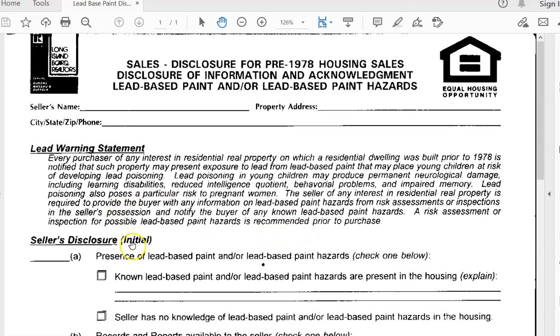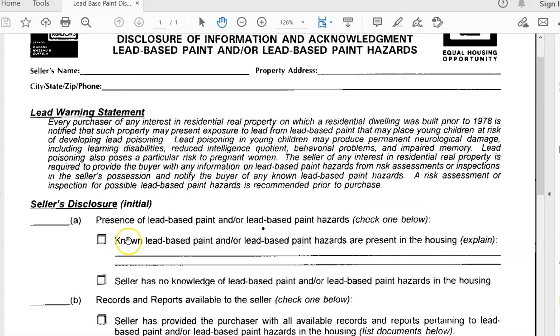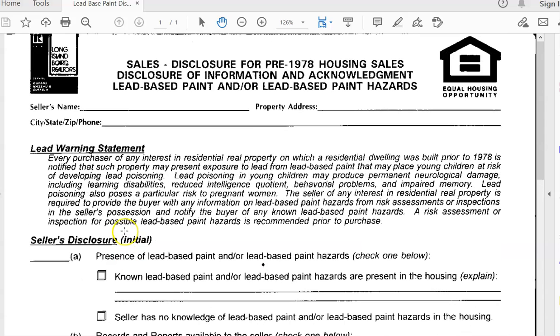The disclosure also gives the buyer an opportunity to do a lead-based paint inspection. I invite everyone to take a moment and read the form over, but I'll go over briefly how we fill this out.